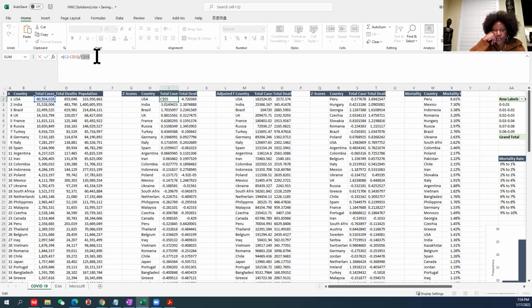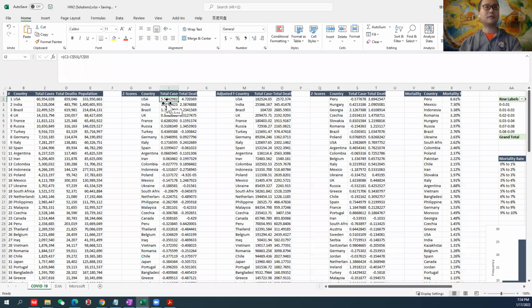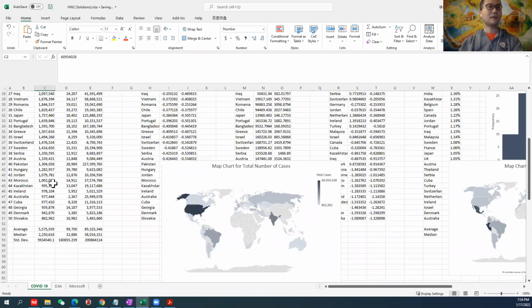So this is the definition of the z-score, and the meaning is that it describes how many standard deviations this original score is away from the mean value. And it makes intuitive sense. This 5.57 means that this number, which is 60 million, is about 5 standard deviations away.